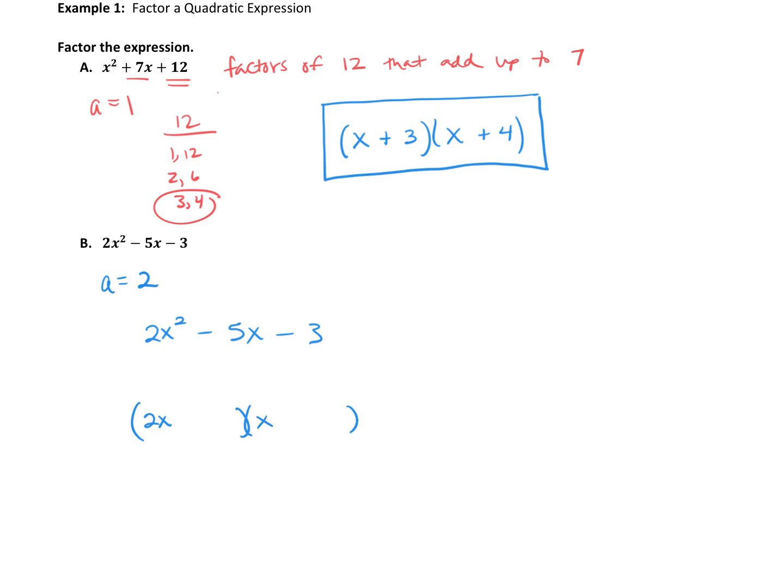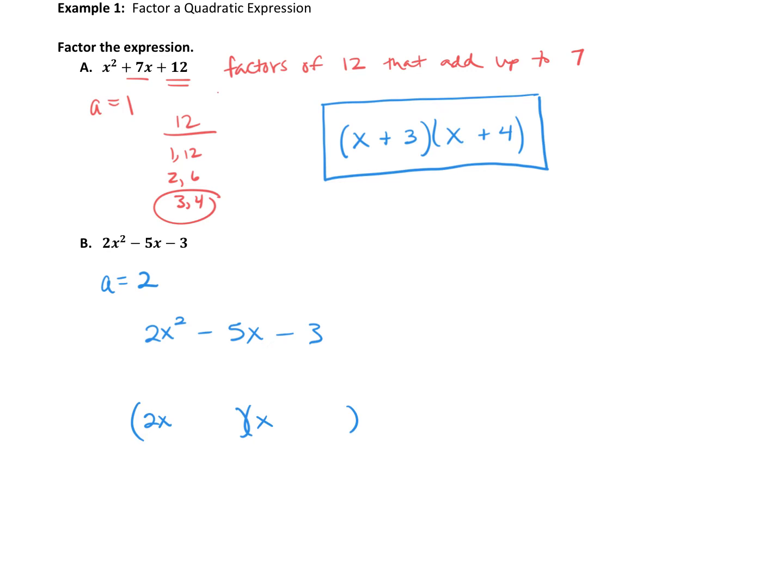The other thing I know is that the last term of each parenthesis has to multiply to the last term over here. So what multiplies to a 3? 3 times 1. So we can put the 3 first and the 1 second, or the 1 first and the 3 second.